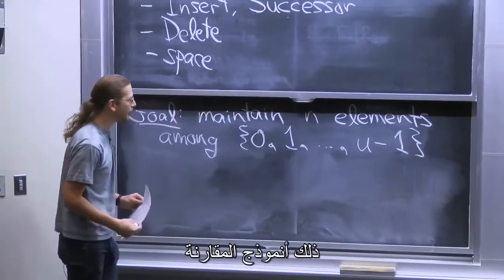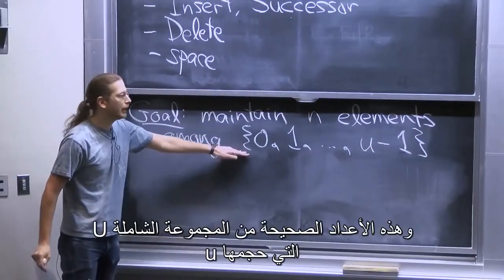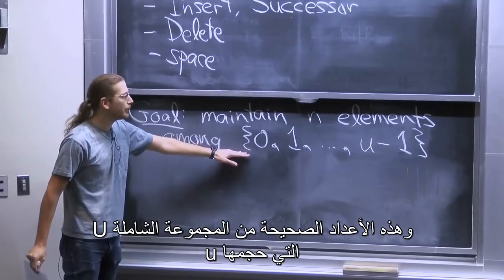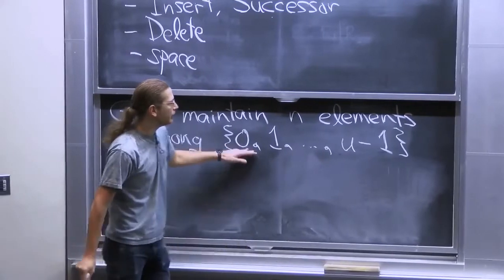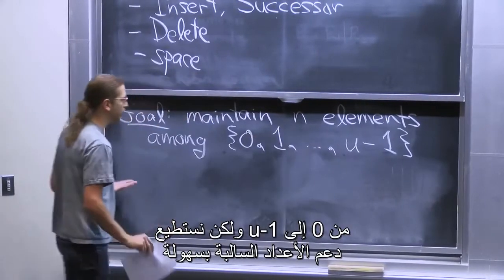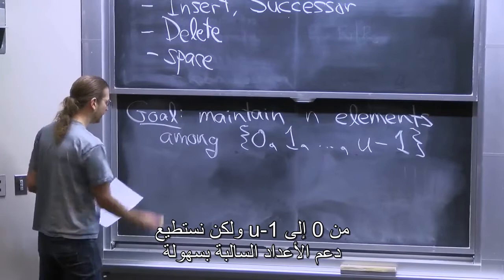That would be the comparison model. We're storing integers. And the integers come from a universe U of size little u. And we'll assume that they're non-negative, so from 0 to u minus 1, although you could support negative integers without much more effort.